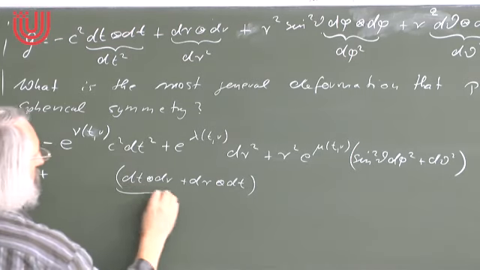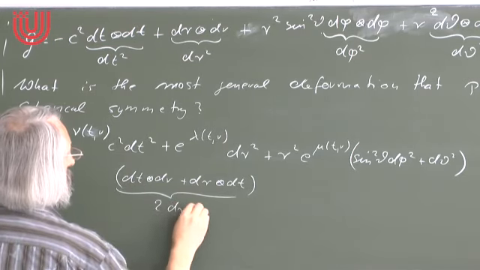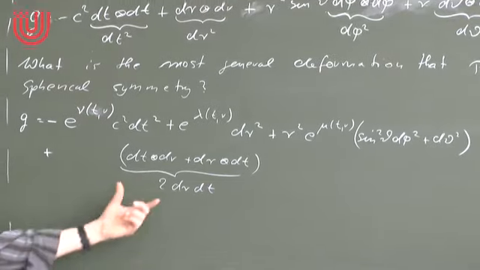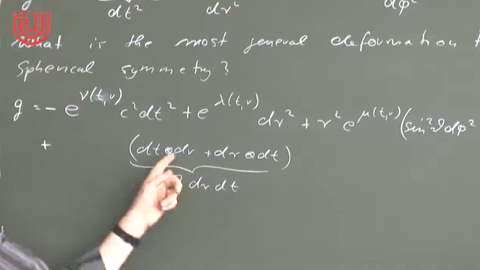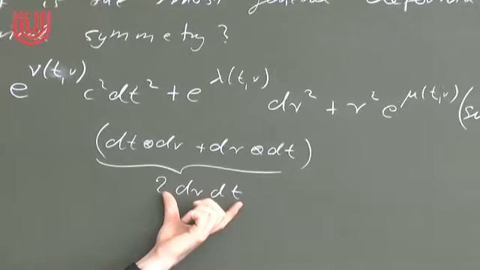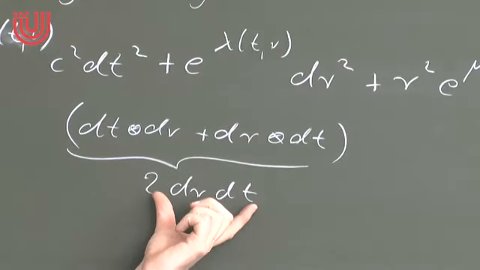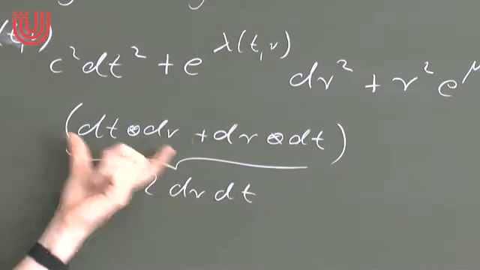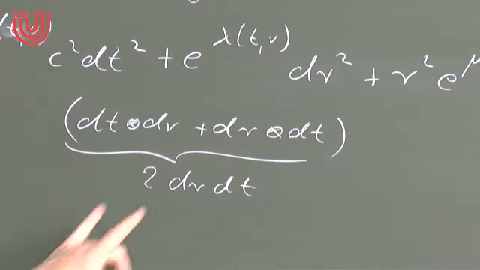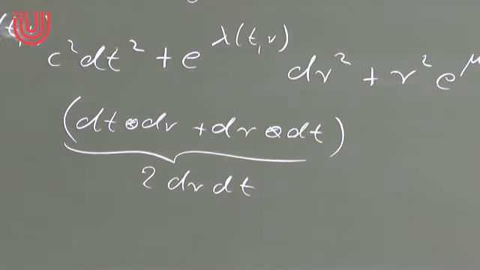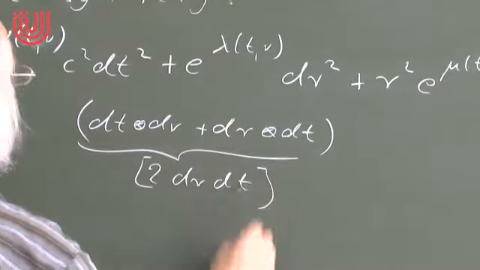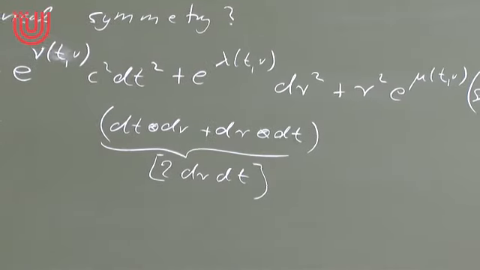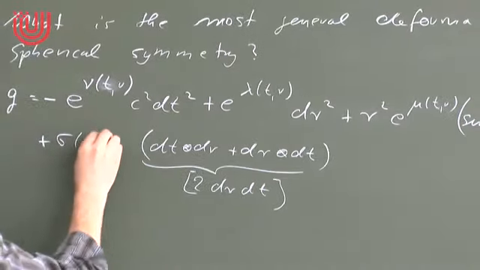Some people write 2 dr dt for this, where it is understood that the product without the tensor product between the two symbols means the symmetrized tensor product. It means precisely this here. So of course here in this term I can order them as I like, but I will not use this here. And a function here which depends on t and r again.